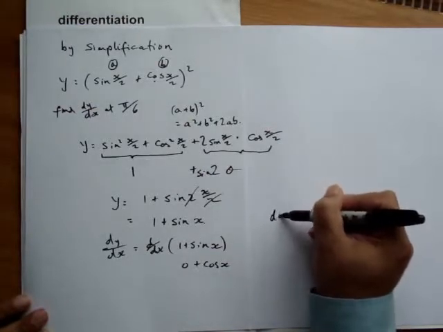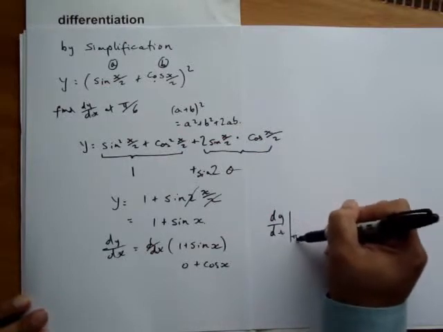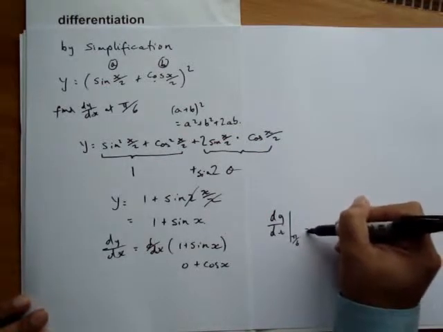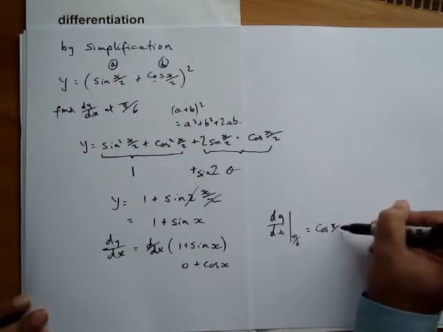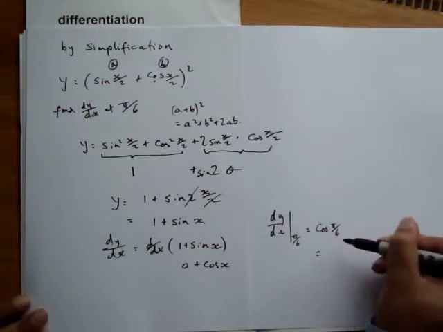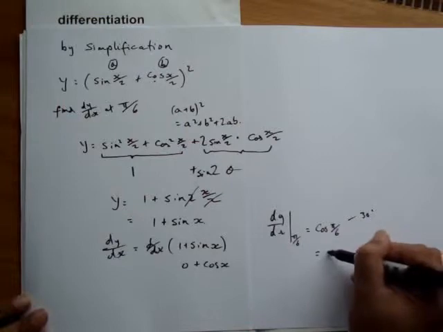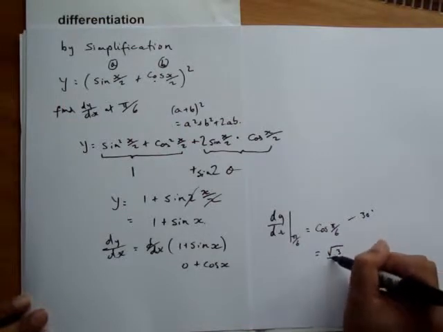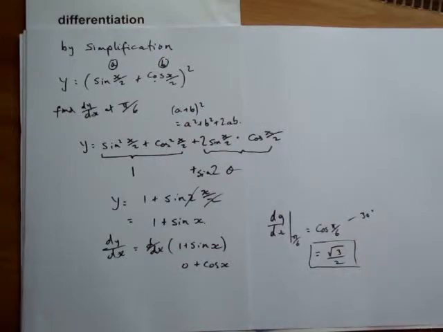So dy by dx at pi over 6 equals cosine pi over 6, and that is equal to, pi over 6 is 30 degrees, square root of 3 over 2, and that is your answer.